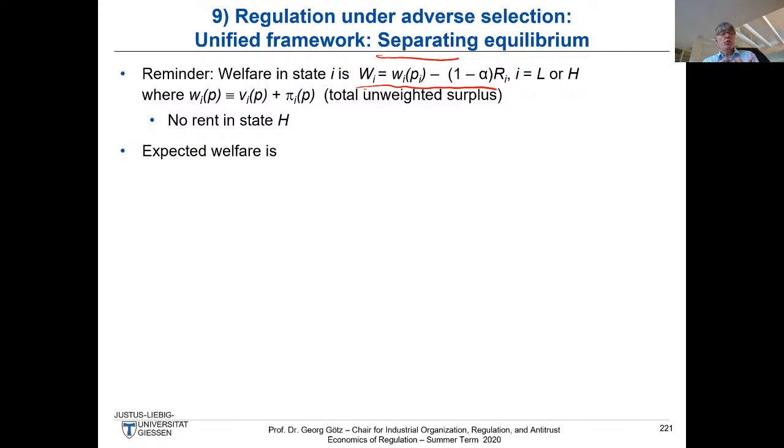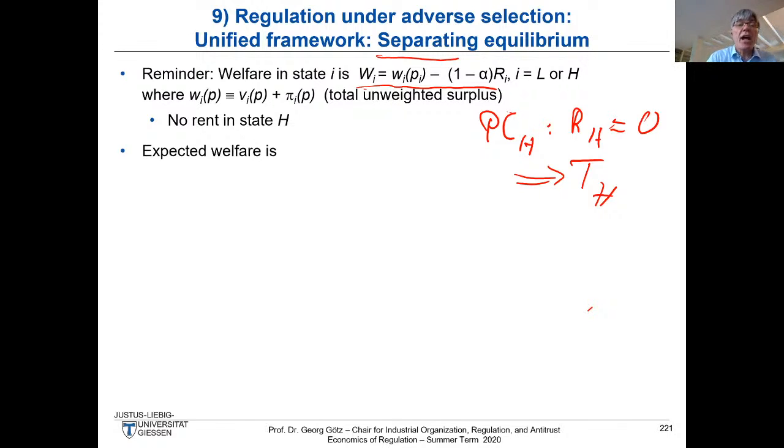Now we already know the participation constraint of the high type, PCH, simply says that RH will be equal to 0. And from that we get immediately TH once we have PH, the price, because we know then what the loss or the profit will be.